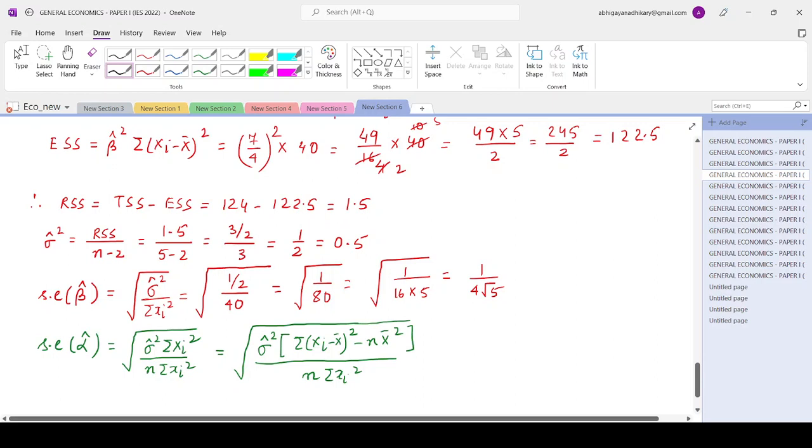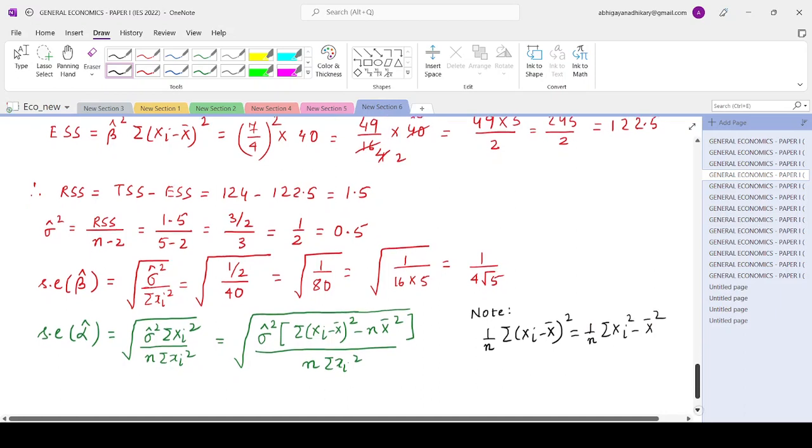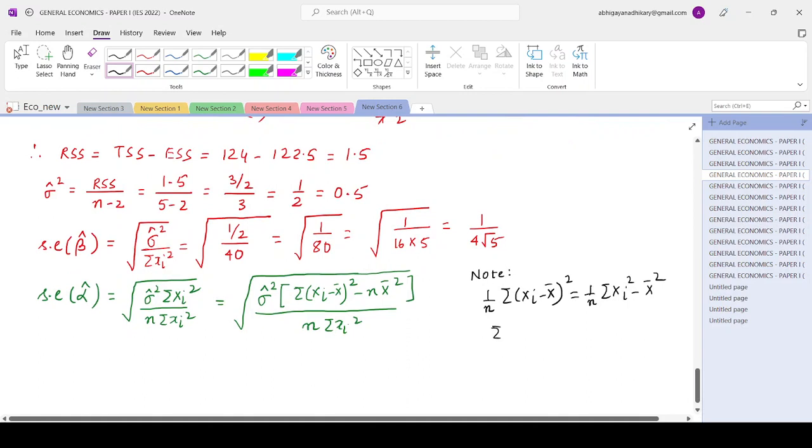Because note this thing, in the properties of variance that you might have learned, if you have data like 1 by n summation capital Xi minus x bar whole square, you can write it as 1 by n summation capital Xi square minus x bar whole square, and just taking the n out, that will be summation capital Xi square minus n x bar whole square.